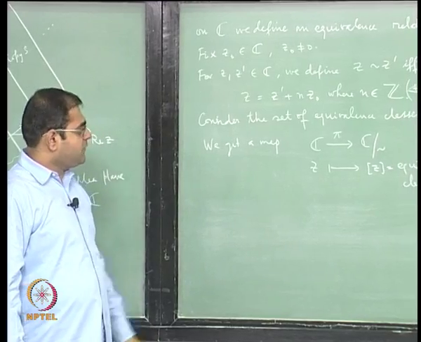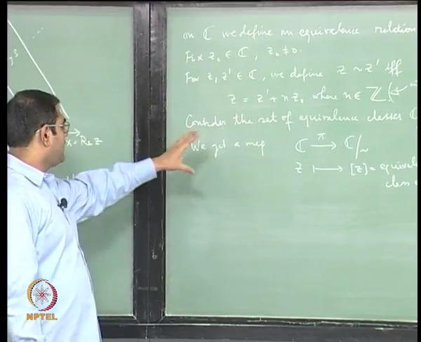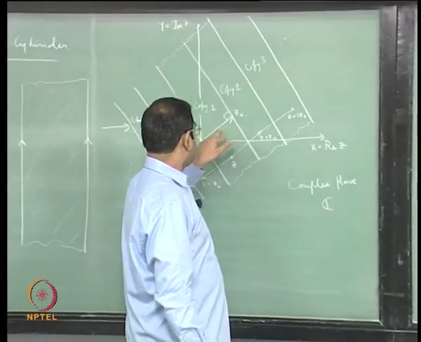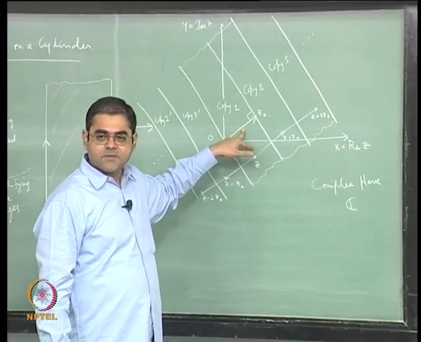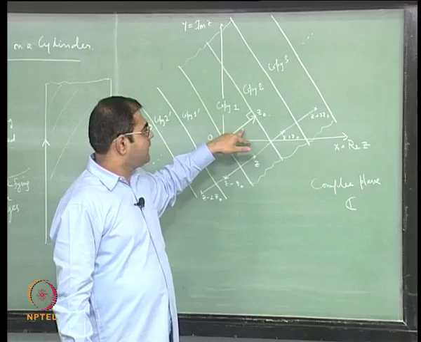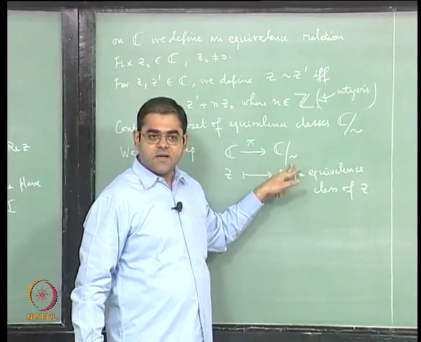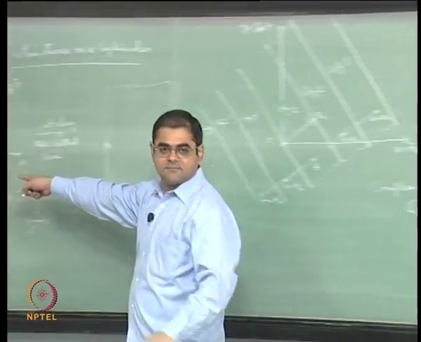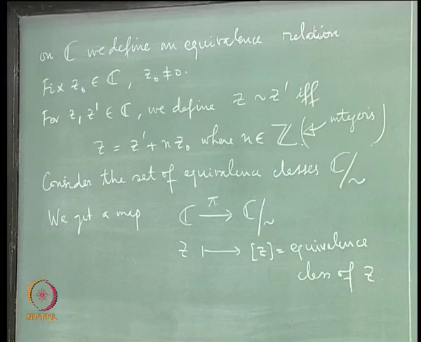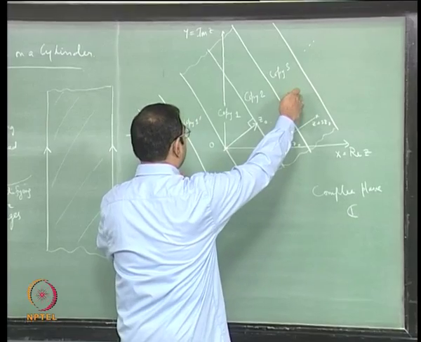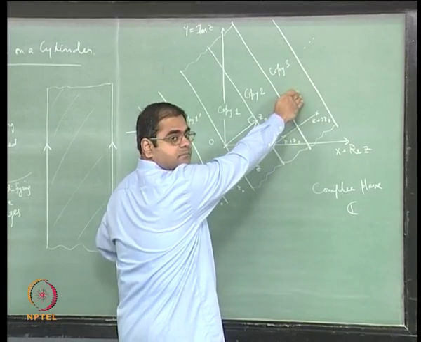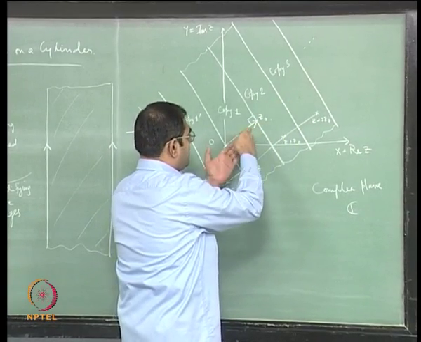So if you think about it, if I take z0 to be this vector here, this complex number here, then C mod tilde, the set of equivalence classes, is precisely my cylinder, because you see what is going to happen is that all the copies of the strip are going to get identified with one copy.